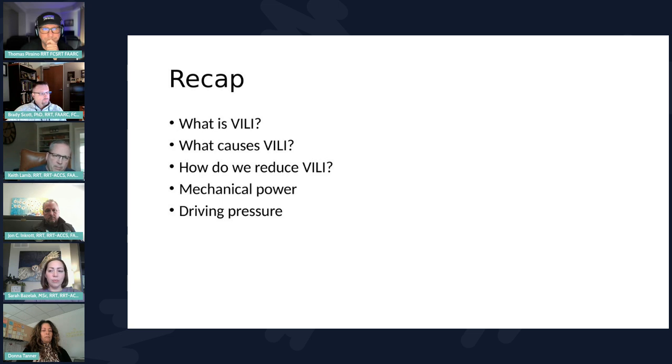One group got 6 milliliters per kilogram predicted body weight of tidal volume, and the control group got 12 milliliters per kilogram predicted body weight. And despite the fact that oxygenation was better in the larger tidal volumes and acidemia was better in the larger tidal volumes, in fact, outcomes were worse.